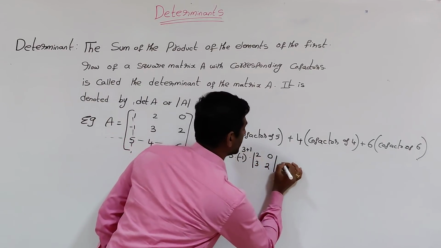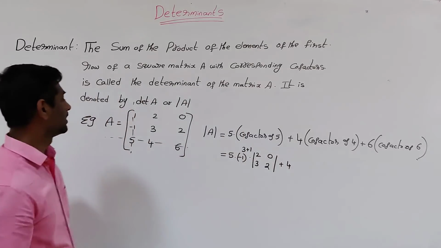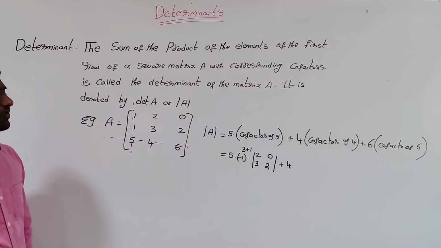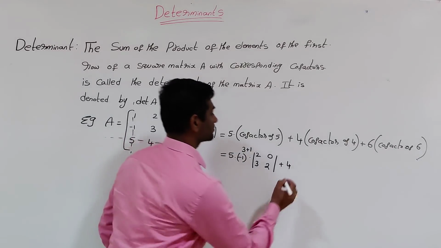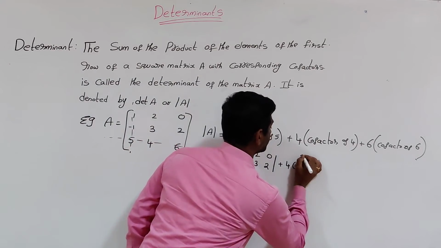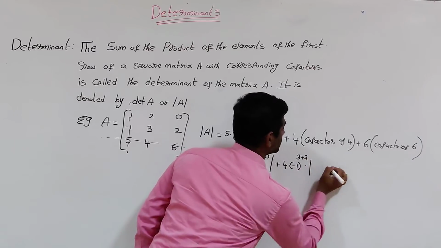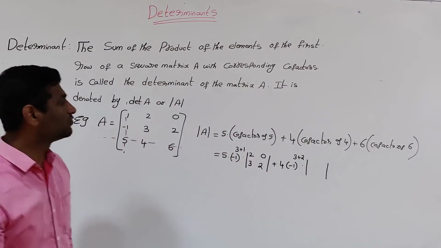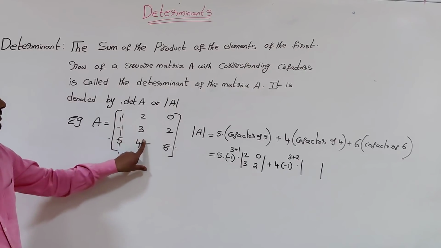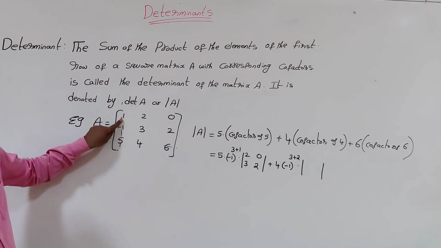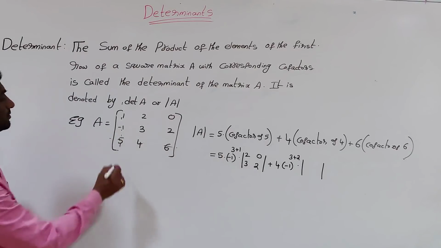Plus 4 into, again we'll go for cofactor of 4. It is located in third row and second column. Minus 1 to the power of 3 plus 2 into minor of 4. Where is it located? It is located in third row and second column.